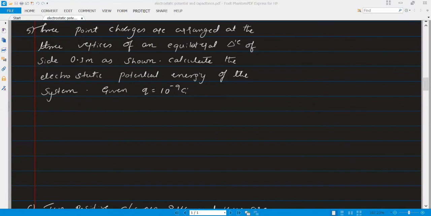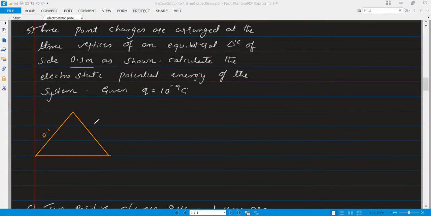In the fifth problem, see what they are saying: 3 point charges are arranged at the 3 vertices of an equilateral triangle. They are telling that there is an equilateral triangle. Let's take that there is an equilateral triangle here. So this is our equilateral triangle. Here we have kept charges at the vertices. The length of this is given, that is 0.1 meter.